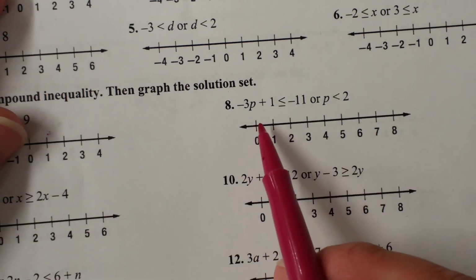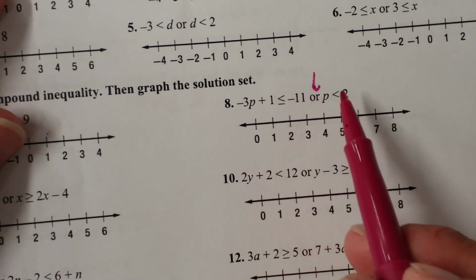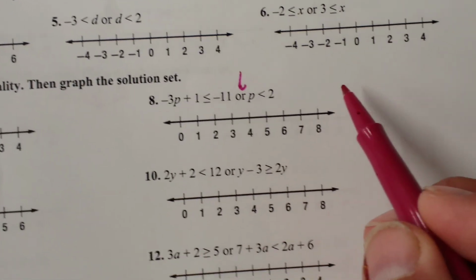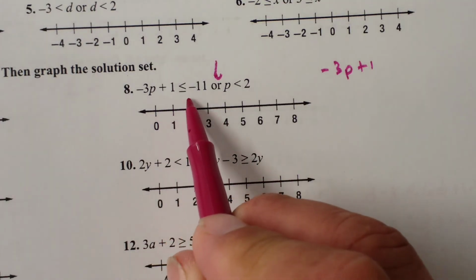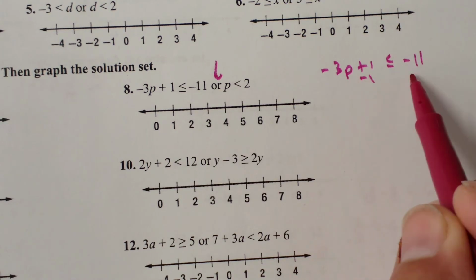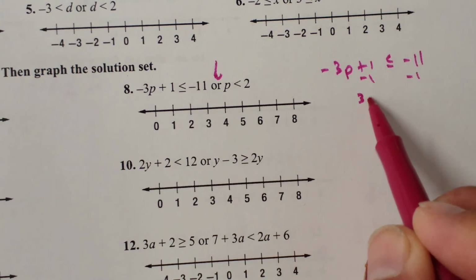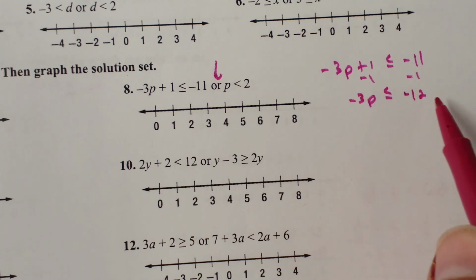Let's look at number 8. So for this first one, here's your connecting word, or. This first one says negative 3p plus 1 is less than or equal to negative 11. So if I take away 1, I'm left with negative 3p is less than or equal to negative 12.